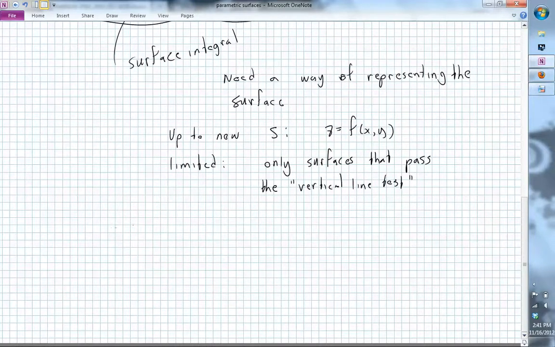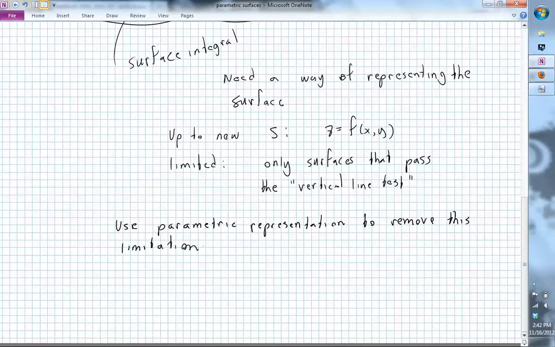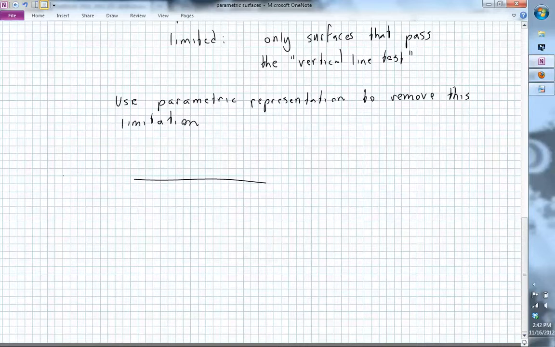Okay, so if we use parametric representation, all right.